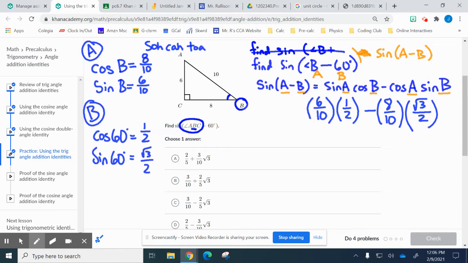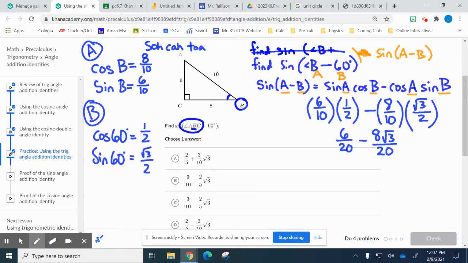And then you just have to do the math. So multiply those together, and you're going to get 6 over 20 minus 8 square root of 3 over 20.